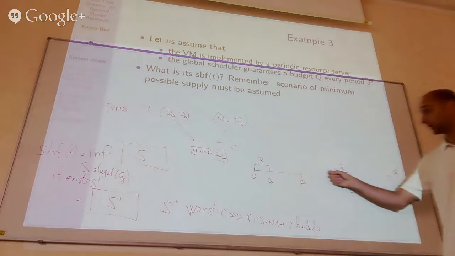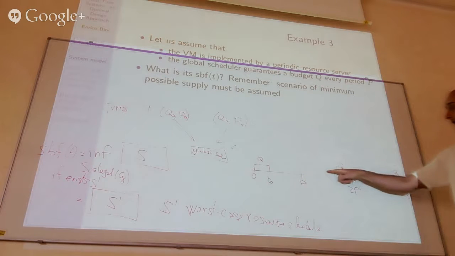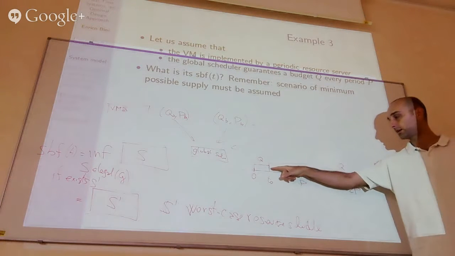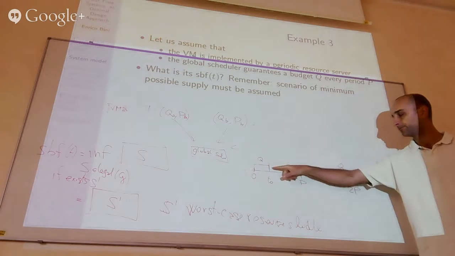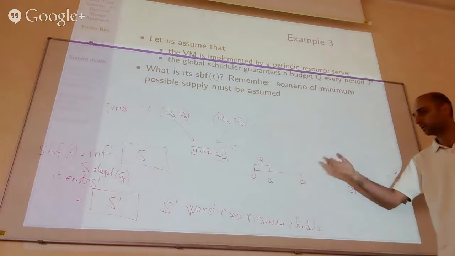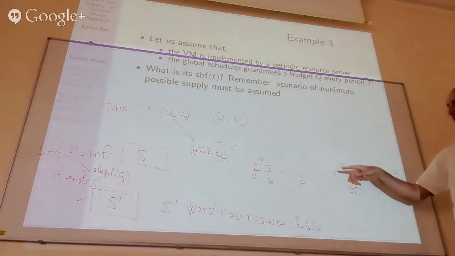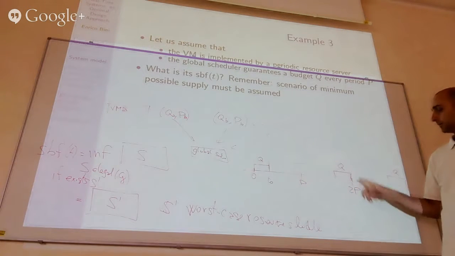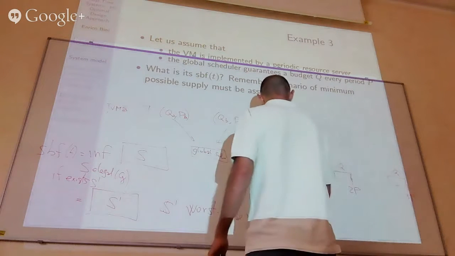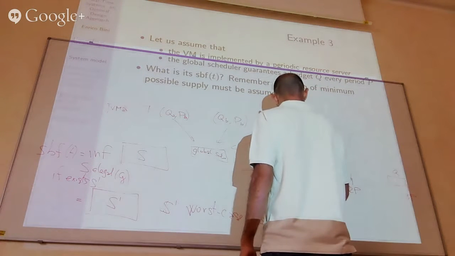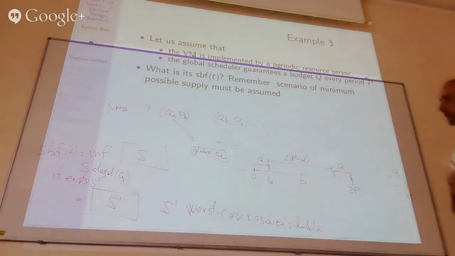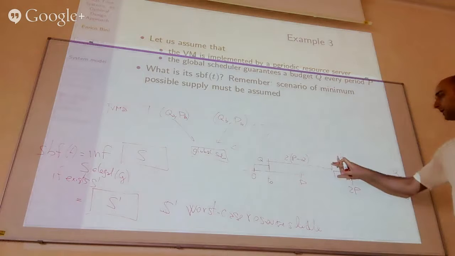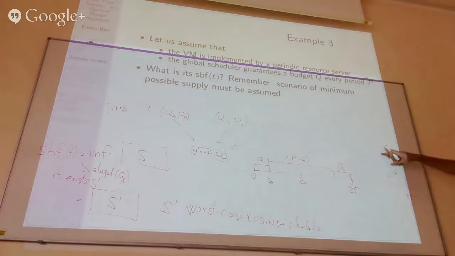So you have an even longer idle interval here. In this way, potentially, you have an interval with no resource supply equal to 2 times P minus Q, right? And then after 2 times P minus Q, you start to have some resource, and then you have an interval with no resource, take Q resource, and so on.